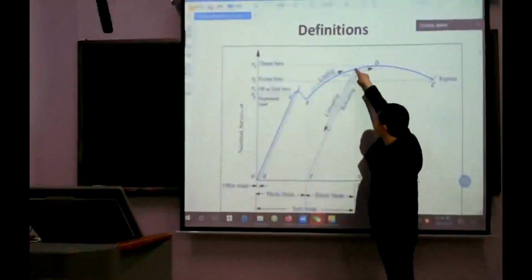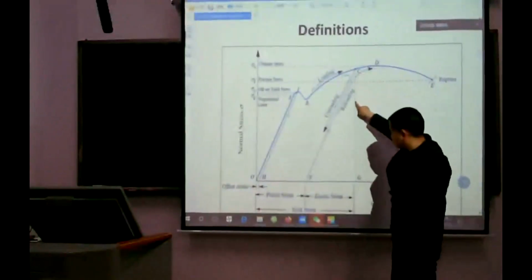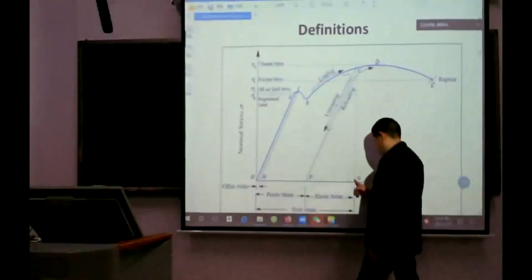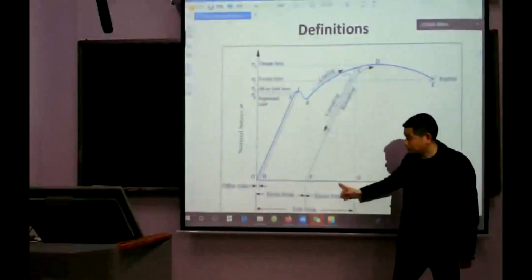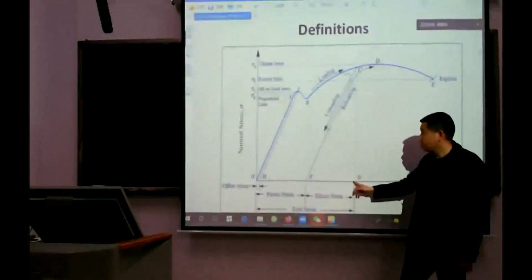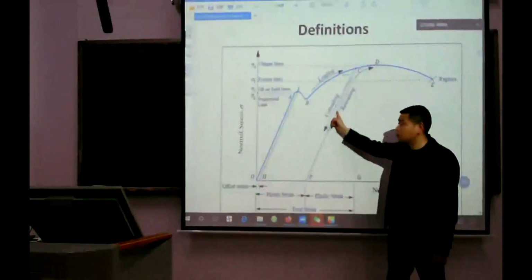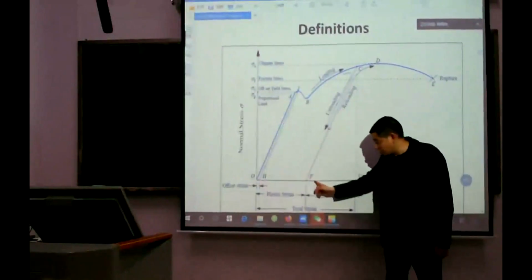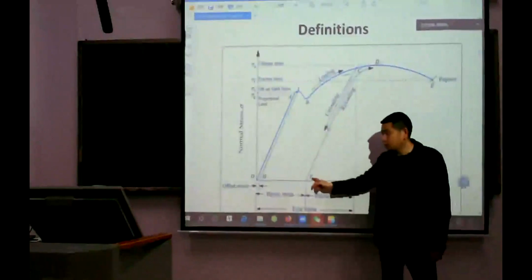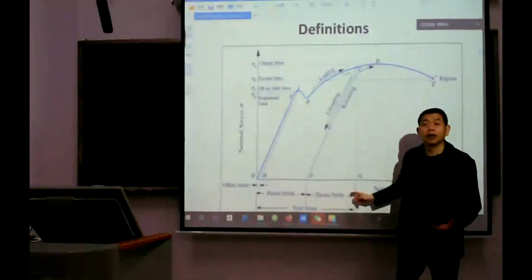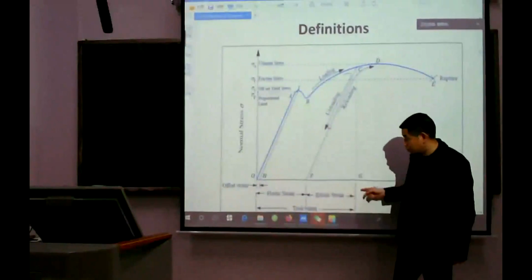But at this point, the strain is total strain. When the loading goes down, this part disappears.